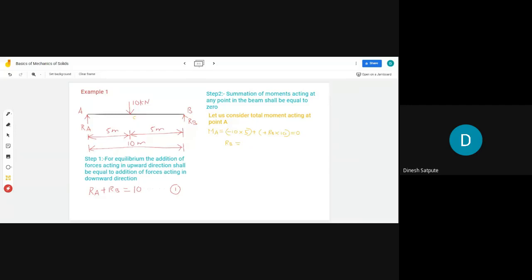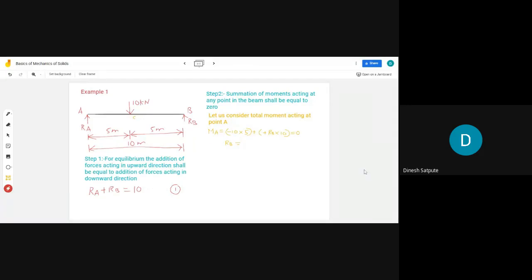Do it fast. If you solve the numerical faster, we will be able to cover more syllabus in the best possible way. What is your answer? Post it in the chat box.